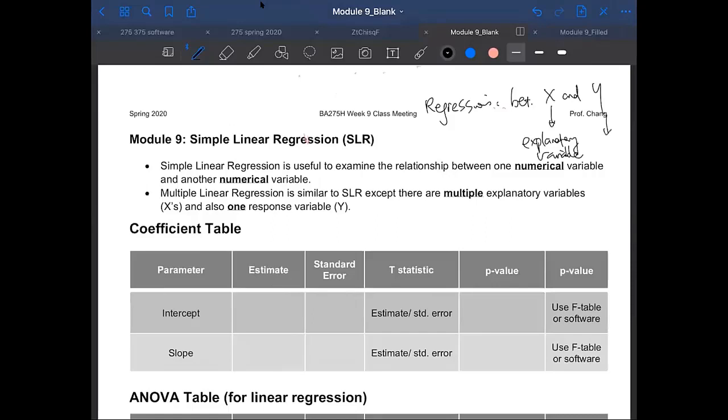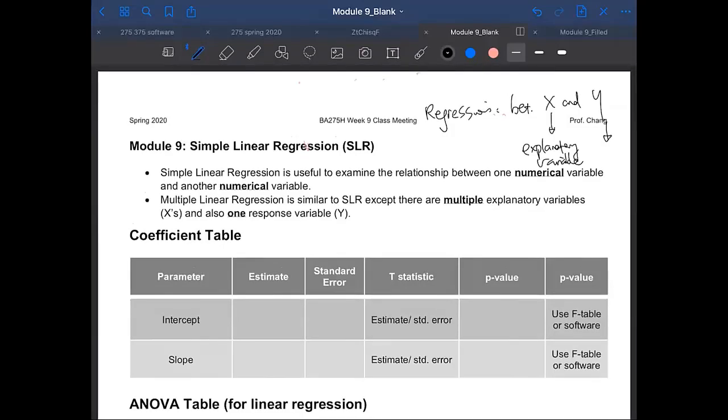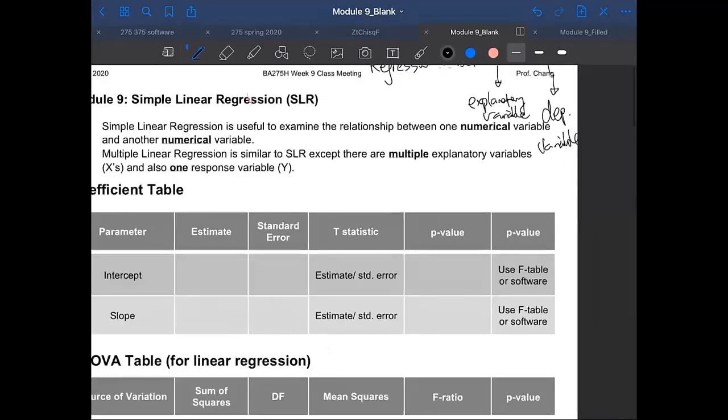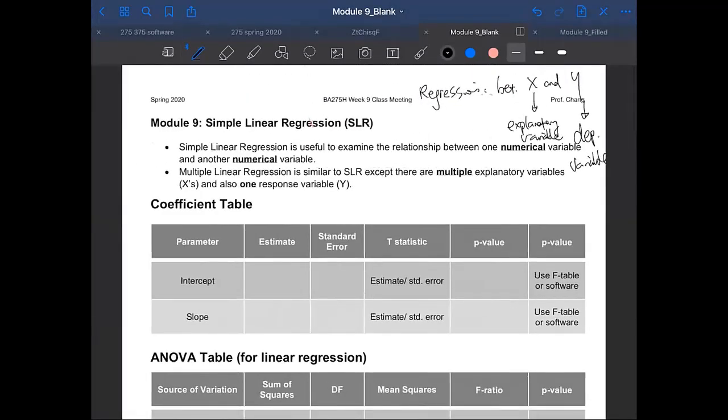And the y, what is the name called for y? Do you remember there are different names we talked about in this class? What is the y variable called? Is it the dependent variable? Dependent variable. Yes, it's the dependent variable. I'm going to write it down here. Unfortunately I'm running out of space. So the first part is the regression word.